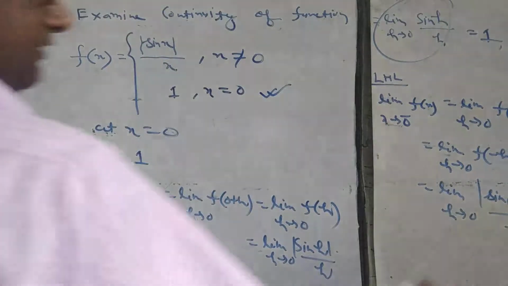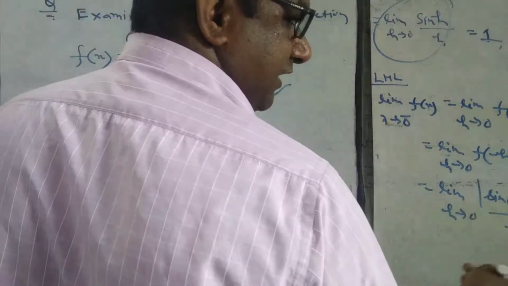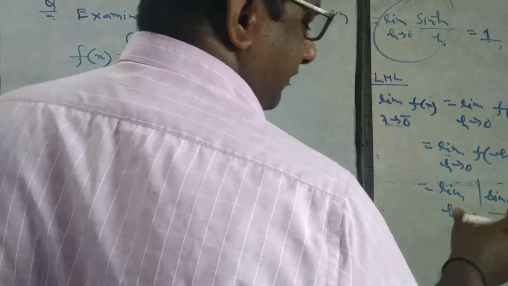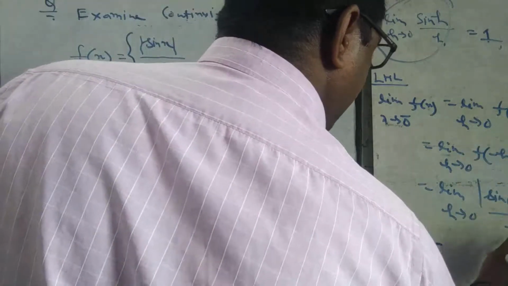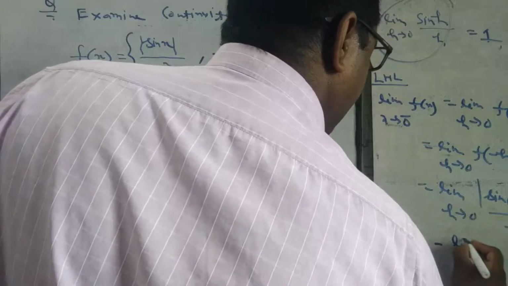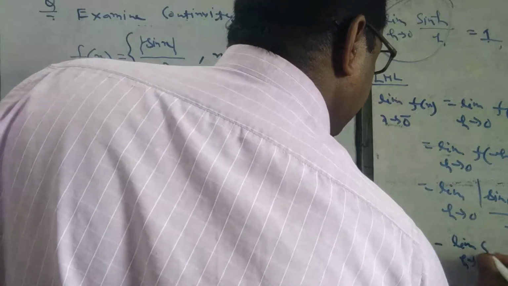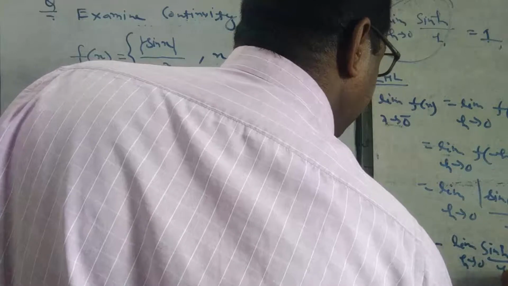So sin(minus h) is minus sin h, sin(minus theta) is minus sin theta, and the mod of that is again going to be positive. So take minus common from the denominator, and this is limit h tends to 0 sin h by h.